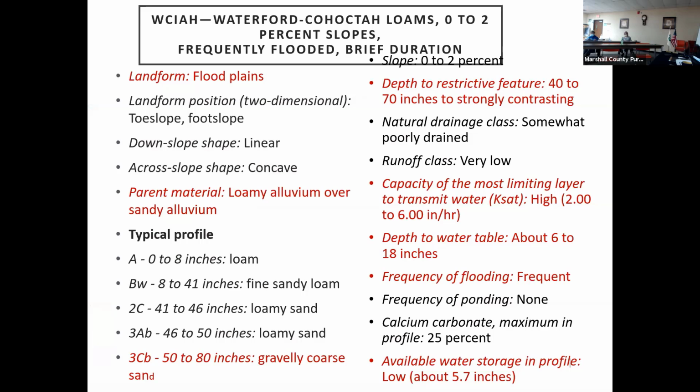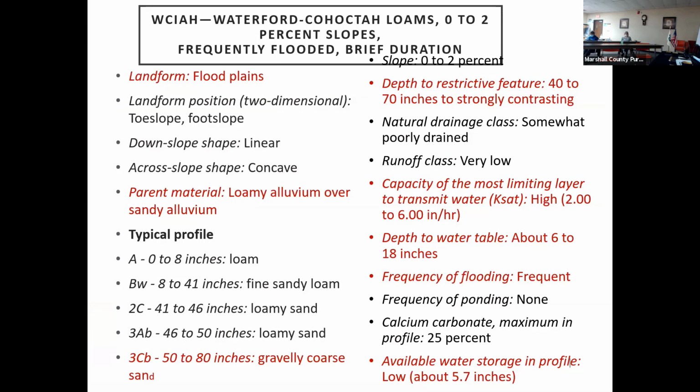So looking at this Waterford Coacha loam, it's got 0 to 2% slopes. This is a landform, it's a floodplain, so this is where flooding occurs. That's the issue with the soil.